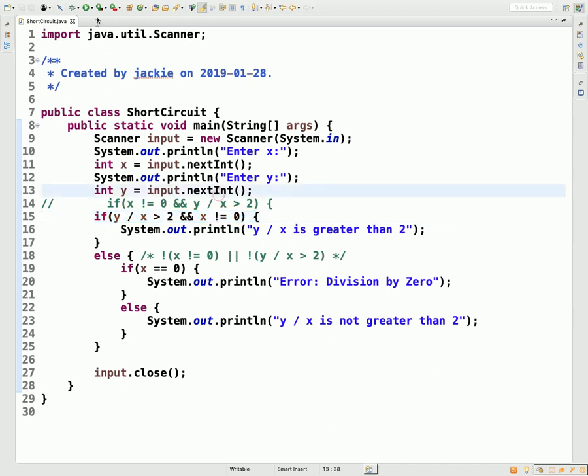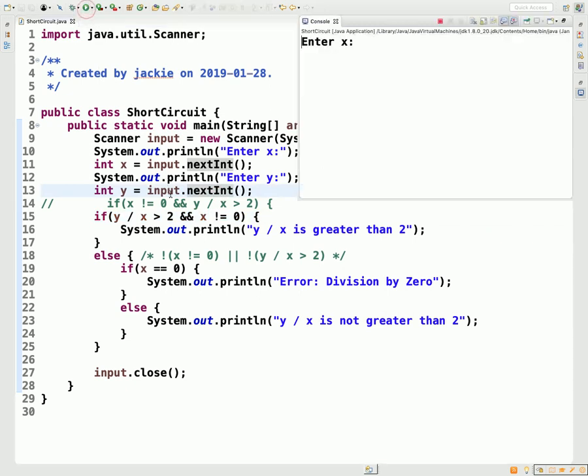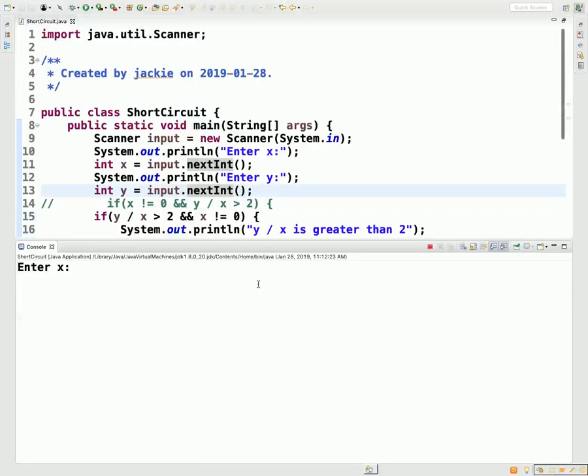So now, if I simply try to execute the program over here, okay, again, let me just put it on the bottom here. Now, if I say 0 over here, and then I got 10. Previously, before I swapped the order of the two operands, I simply got the program terminated properly, saying error, division by 0.